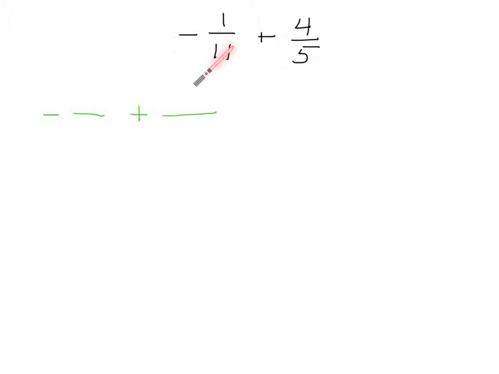And what I want to say is, what number do 11 and 5 both go into? The easiest way to do this is just to do 11 times 5, which gives you 55. So our common denominator will be 55.